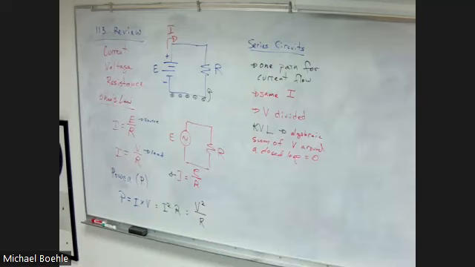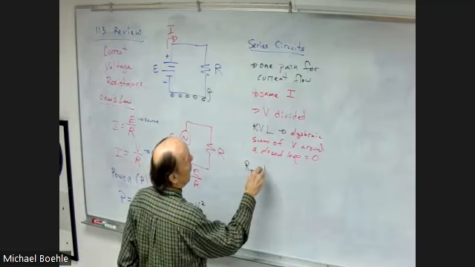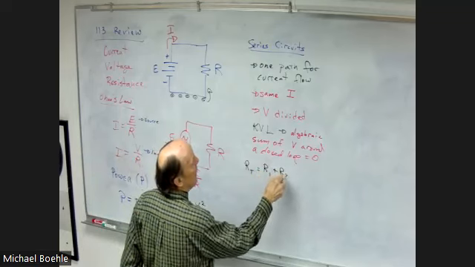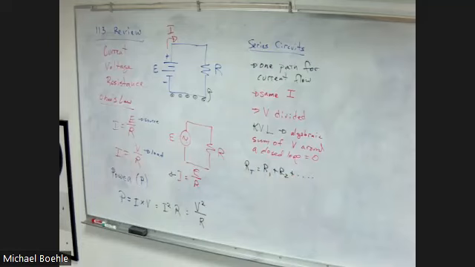Closed loop means I start at one place and come back to that place. Again, we'll be using that today. When I have resistors in series, the total resistance is nothing more than the sum of those resistors.